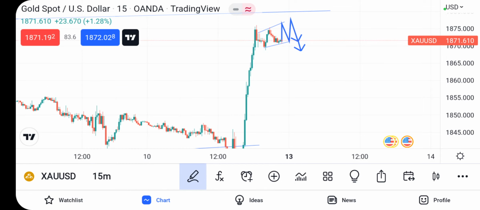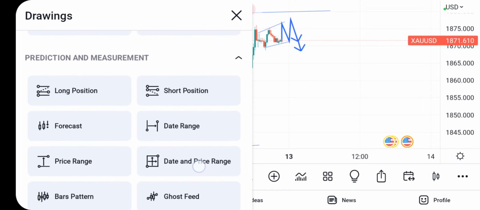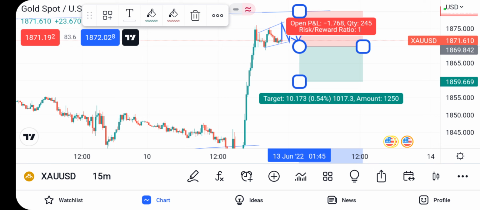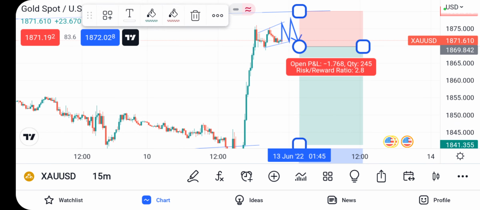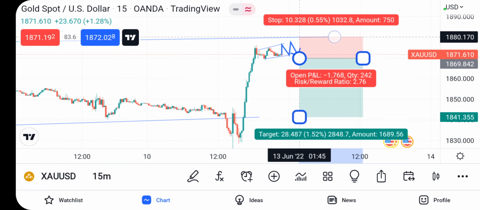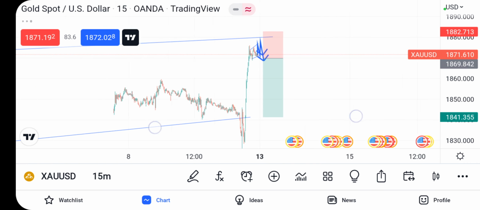Let me quickly show you what I'm trying to say. You can check this as a signal, guys. I will set a short pending order somewhere here or down there, with a tight stop loss, so I can lose 1% and gain 6 or 9%.